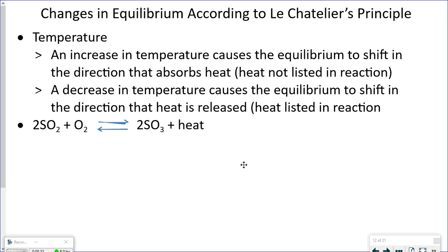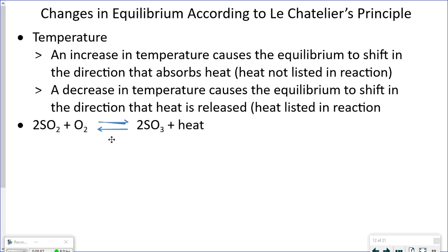A decrease in temperature will cause equilibrium to shift in the direction where heat is released, where heat is actually listed in the reaction. So yet again, this is the same trend. If you add something, it will shift towards the opposite side. If you reduce heat or take away something, it will shift towards that same side.